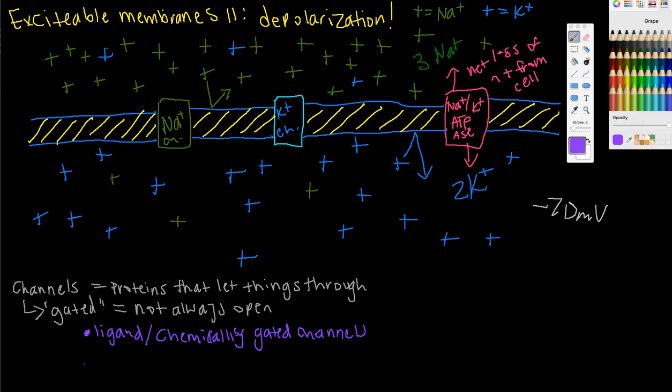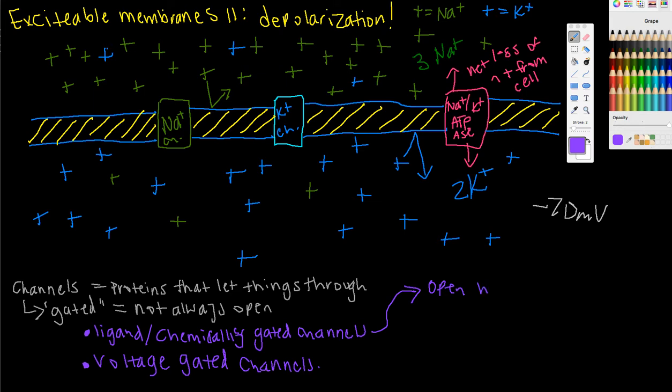And there are also voltage-gated channels. So ligand-gated channels are channels that open when the protein of the channel binds to a chemical.